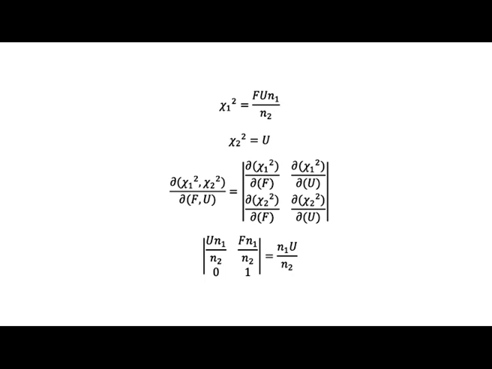Here also we consider the Jacobian of transformation, and we get the Jacobian of transformation as n1 u divided by n2.